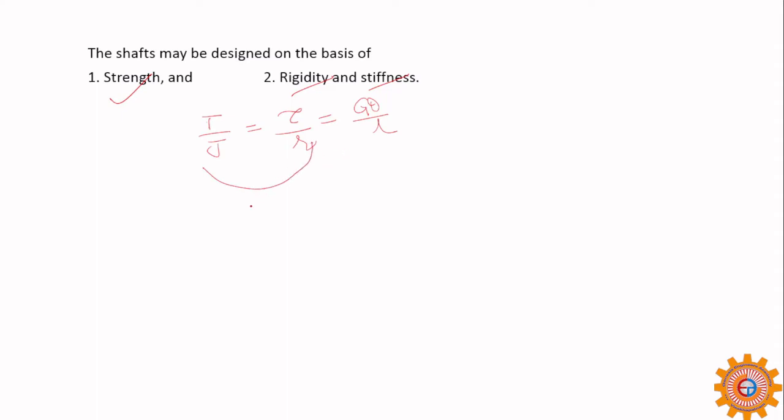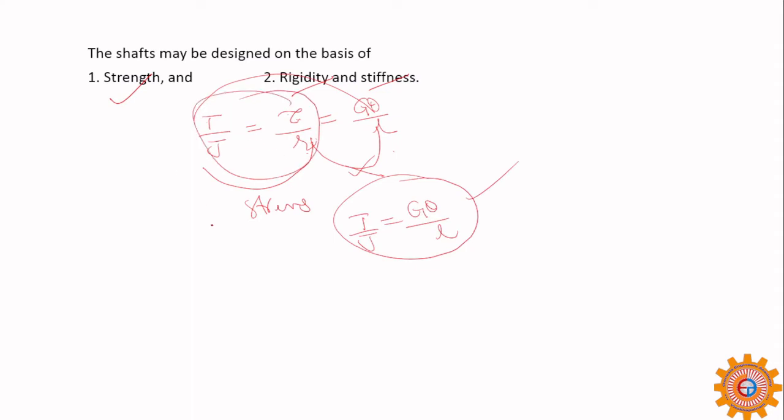If you combine T by J and G theta by L, that is the stiffness basis. So don't use the other combination.